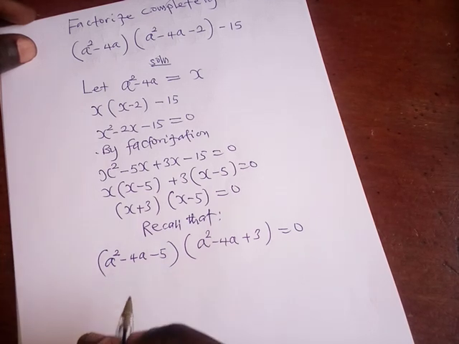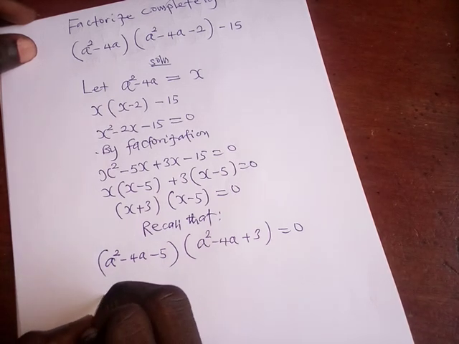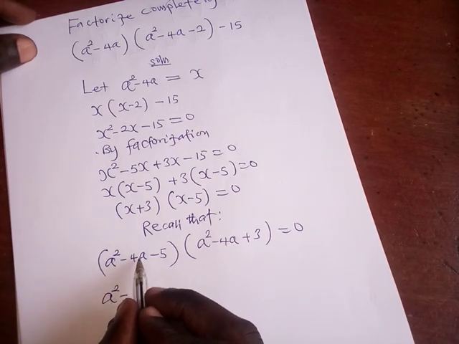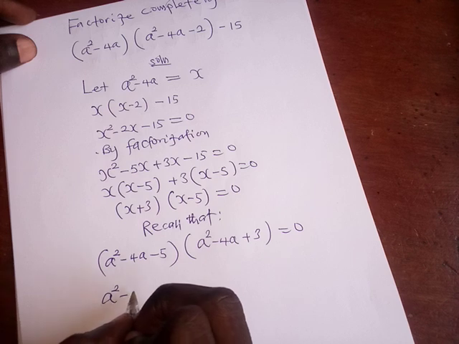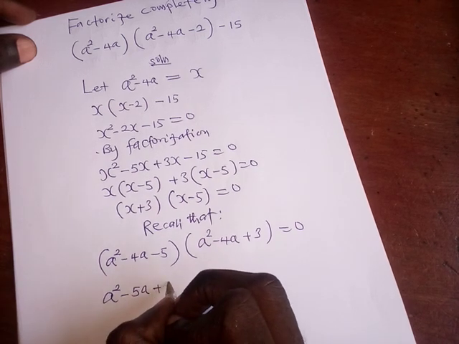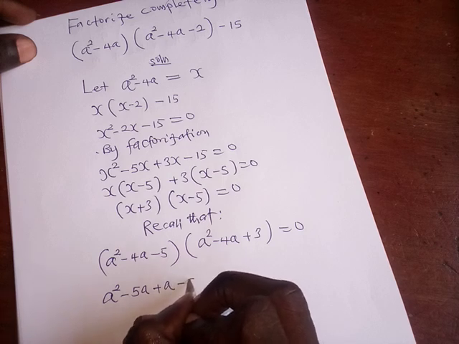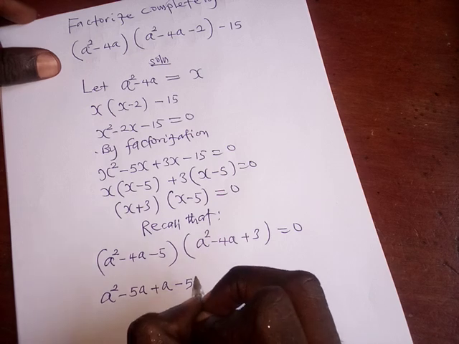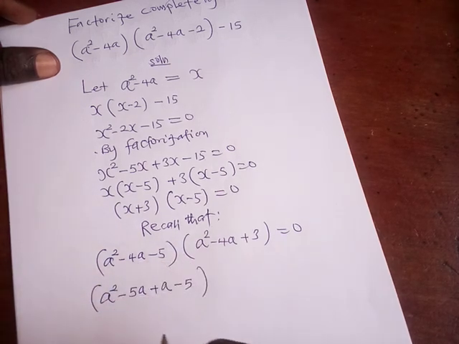Now for this first bracket, we say a², instead of this 4, we are going to use −5a + a − 5. Okay, this is just for the first bracket.